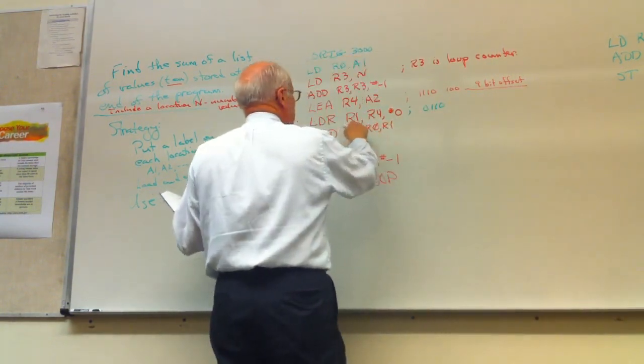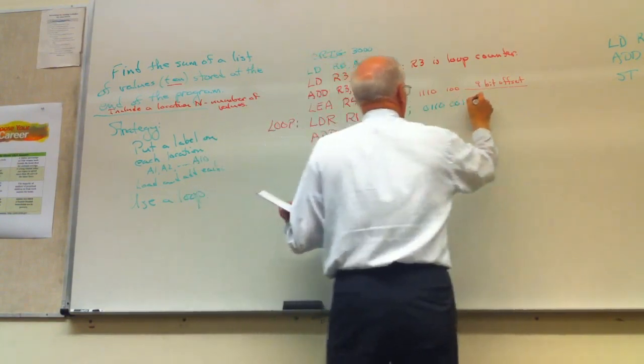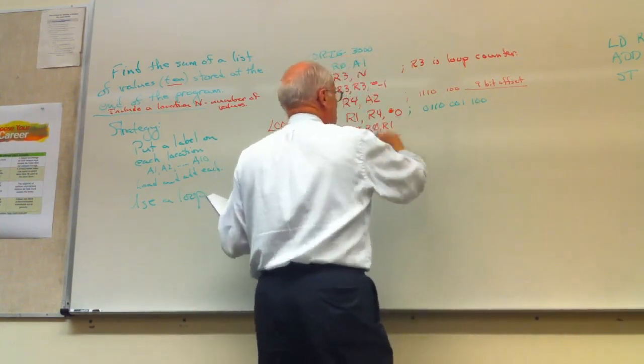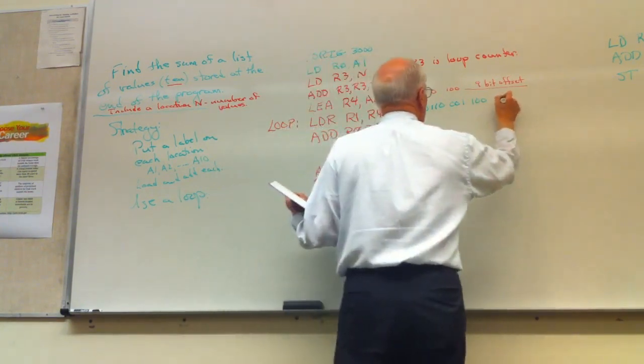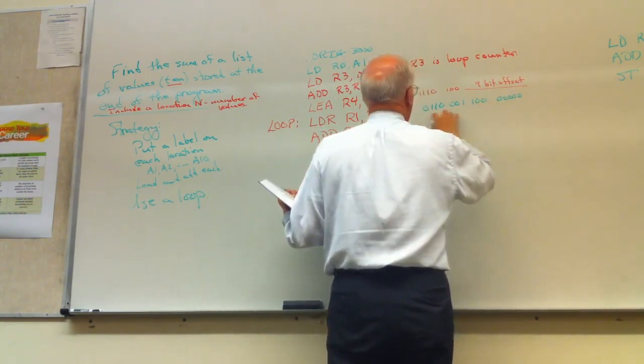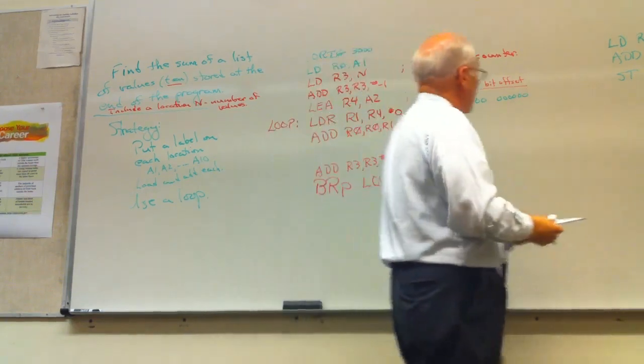And then you have your destination register, your base register, and then this constant. Six-bit offset, yeah.